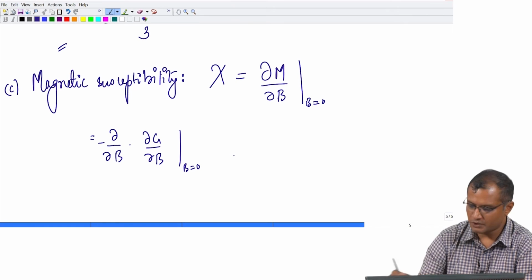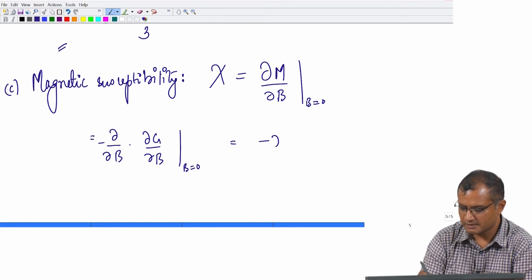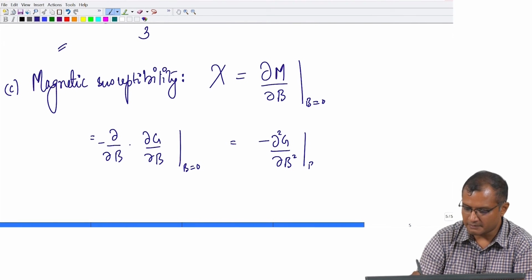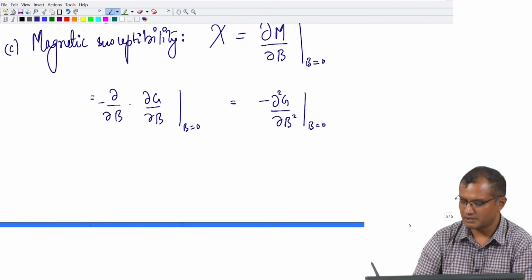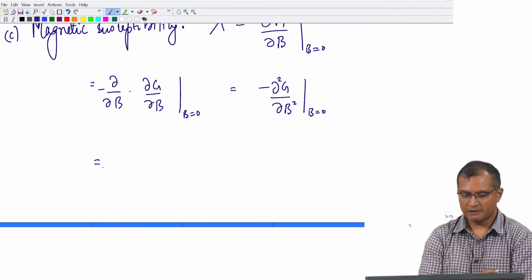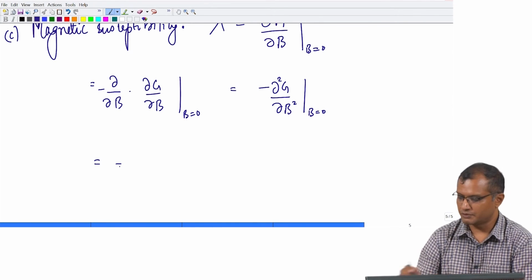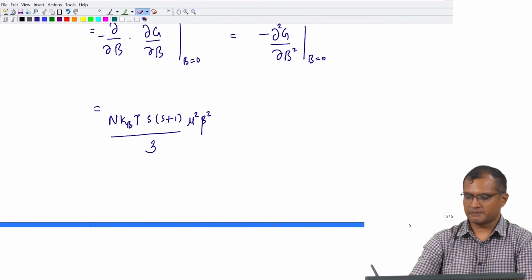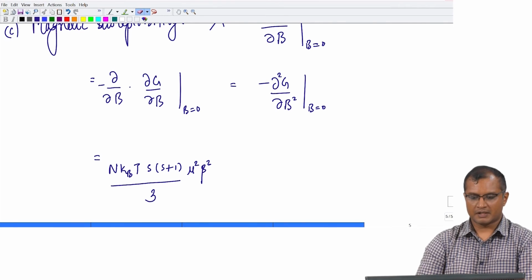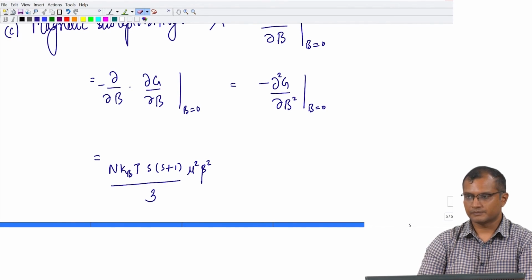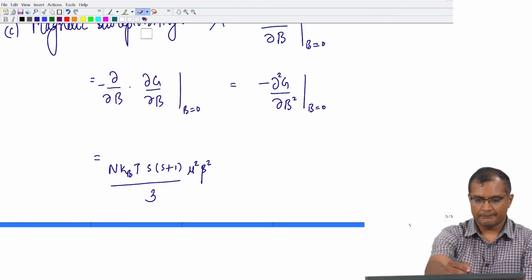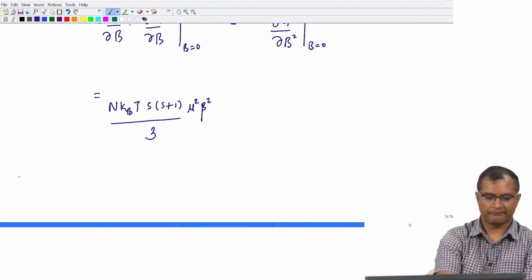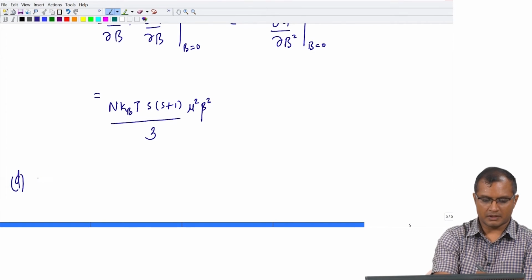So, basically what I am going to do is nothing but minus the second derivative of free energy with respect to field at b equals to 0. Okay. Either way you will get the same result. So, you take the derivative here. So, that is the value of the susceptibility as the field goes to 0. Okay. And finally, we can compute what is called the heat capacity at constant field.